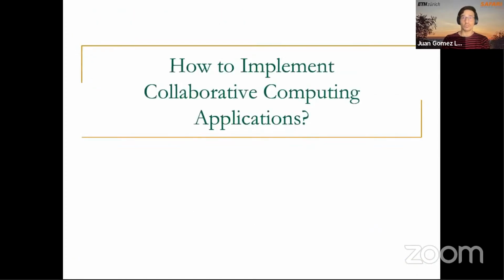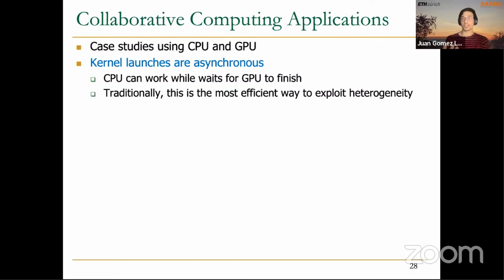But we can go further, because unified memory allows us to very easily implement collaborative applications. Before we talk about how to implement collaborative computing applications using unified memory, let me first discuss how we could implement collaborative applications with the traditional approach.